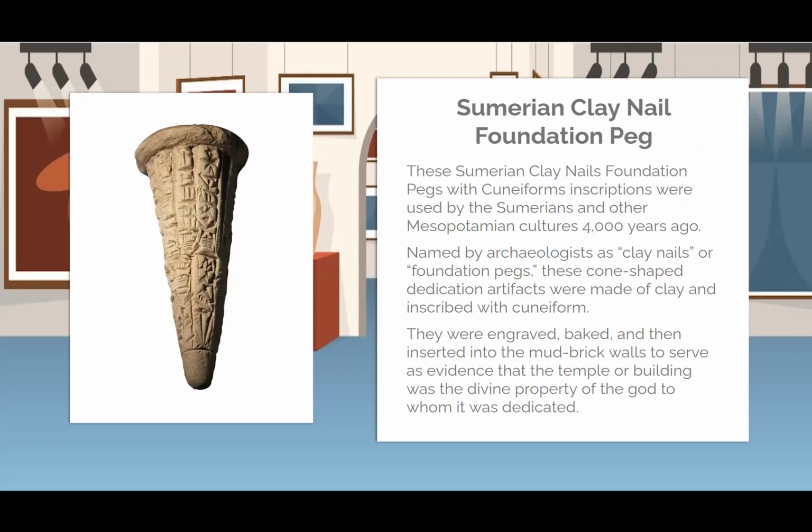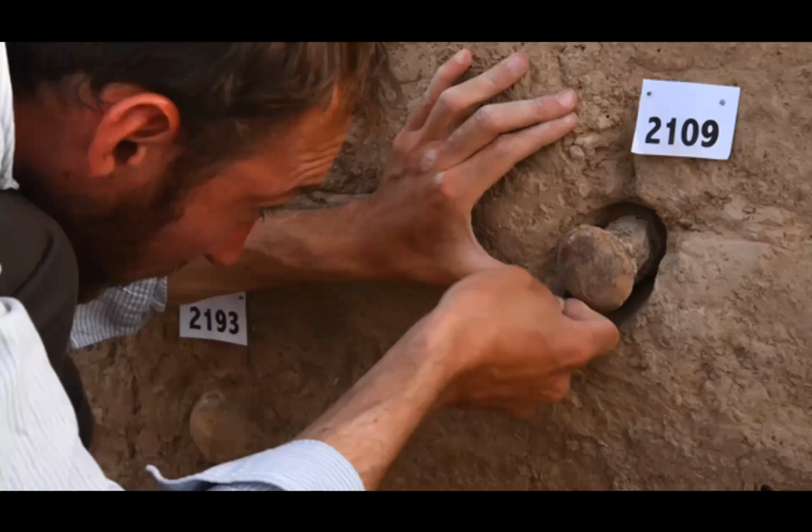Originally, archaeologists just found the cones by themselves, and they thought it might be a stamp. They thought maybe they used some kind of ink or paint, some kind of dye, to either stamp or roll it. But then they found the cones in this temple, and linguists and archaeologists tried to translate the cuneiform.